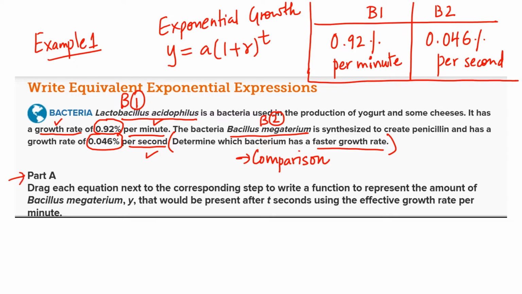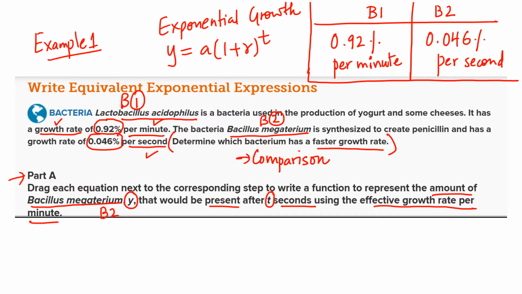Part A of the question says, drag each equation next to the corresponding step to write a function to represent the amount of Bacillus megaterium, which is your B2. Y refers to the amount of this bacteria that would be present after t seconds, so t here is in units of seconds, using the effective growth rate per minute.